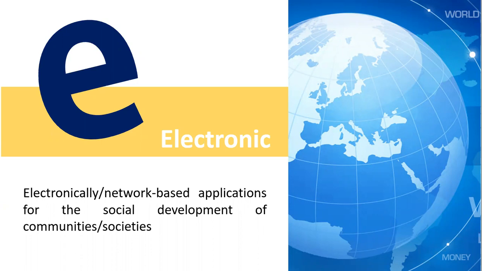That is what the meaning of E here, right? Electronically network-based applications. So when we take the term e-business, electronic business, it is also based on electronic network. The business is based on electronic network. That is why we call that electronic business, right?